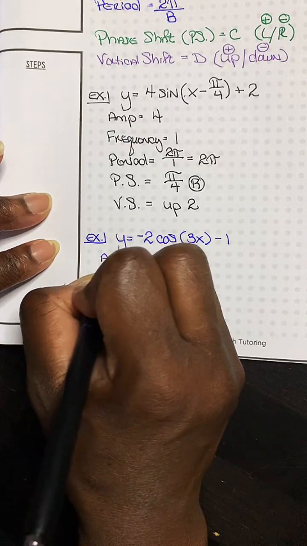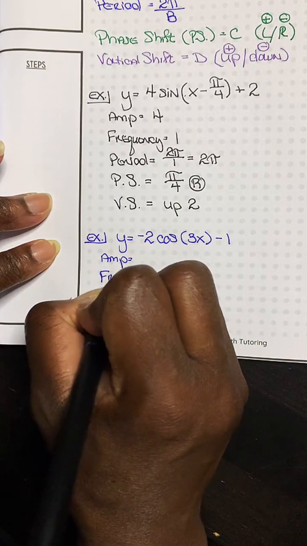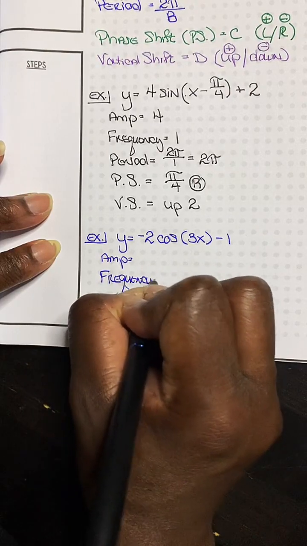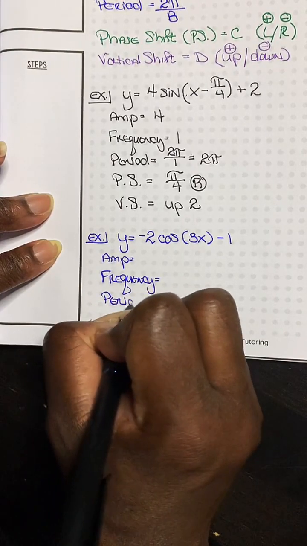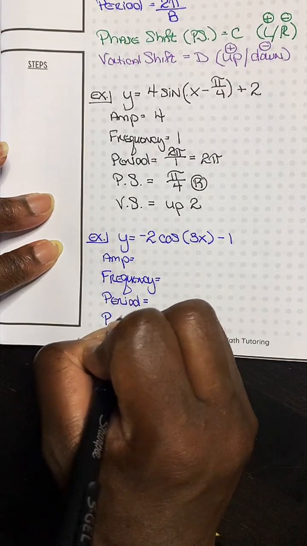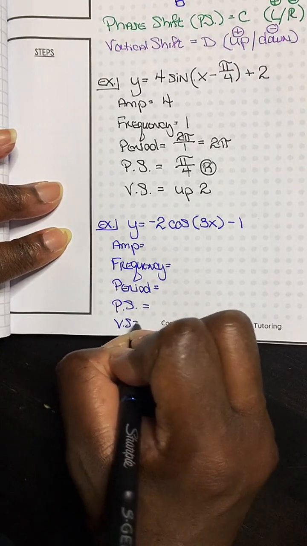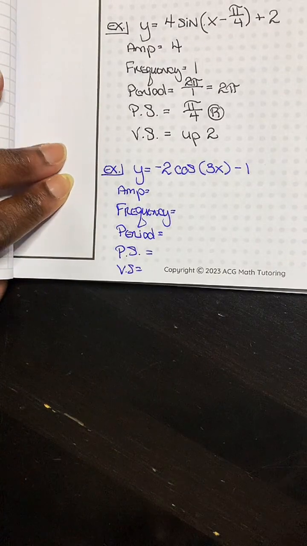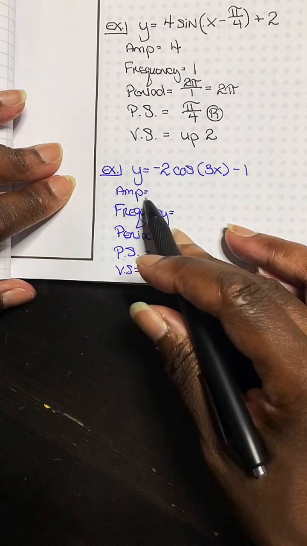Again, we want to check out the amplitude, the frequency, the period, the phase shift, and the vertical shift. So, amplitude.